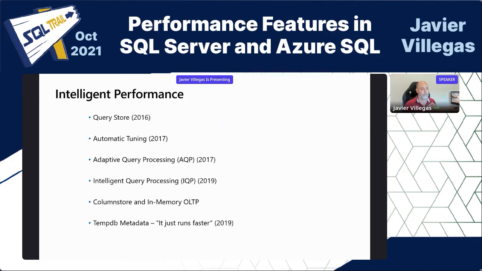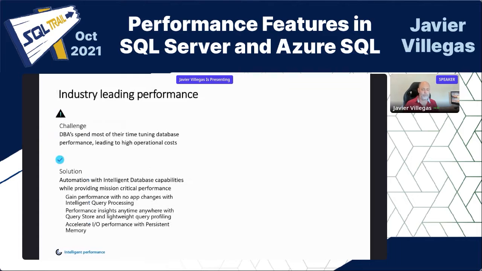Query Store, which is available since SQL Server 2016. Automatic query tuning, which is something that was added on top of Query Store. Adaptive query processing in 2017, that was then rebranded and added another set of features called intelligent query processing. Columnstore, in-memory, and Tempdb metadata, which is new in 2019.